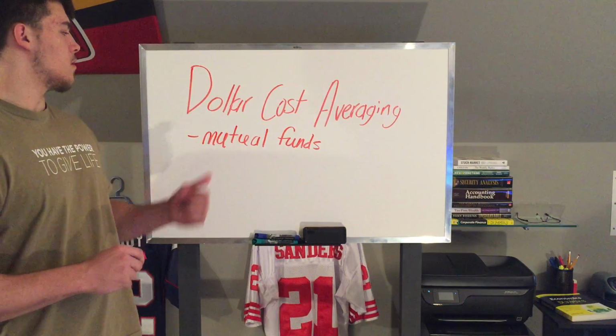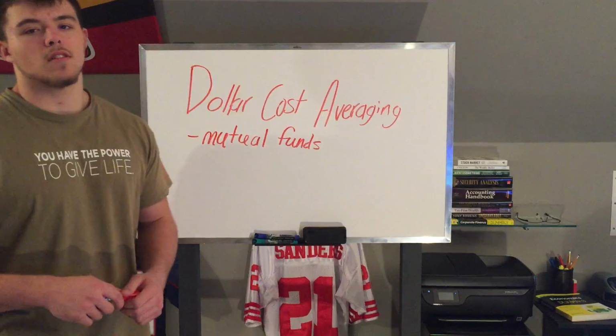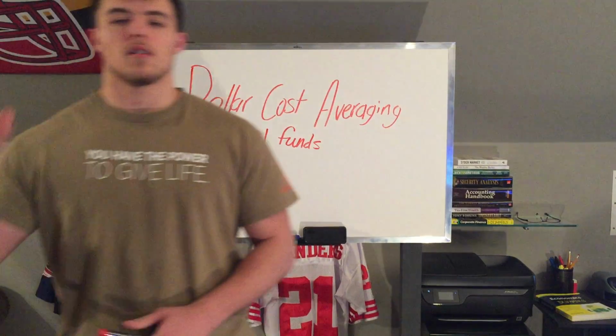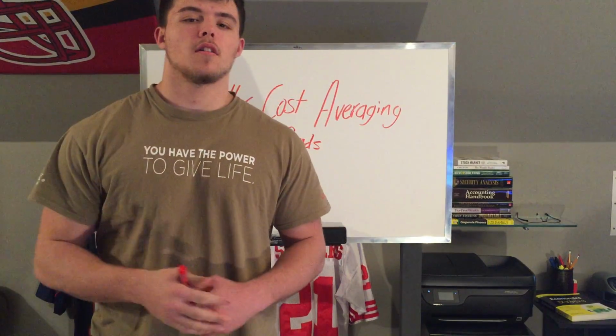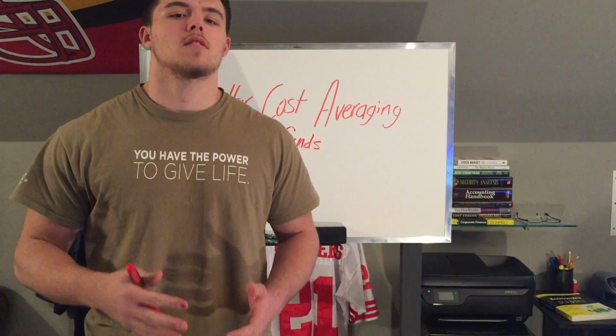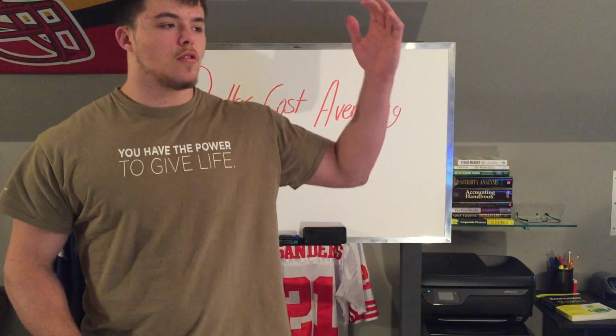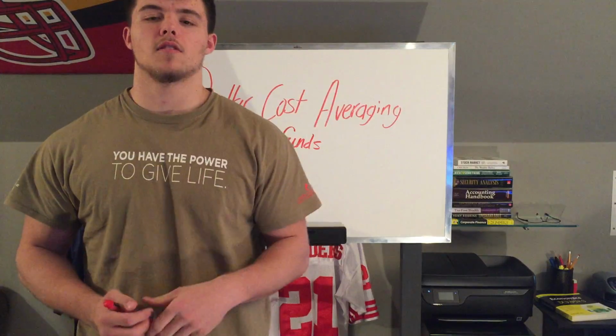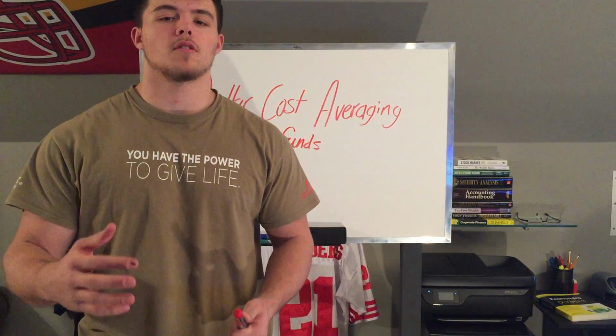So the advantage of dollar cost averaging, guys, is when the fund is more expensive and doing better, you're going to accumulate fewer shares, yes, but when it does drop off and it's doing worse and the fund's cheaper, you're going to accumulate more shares.